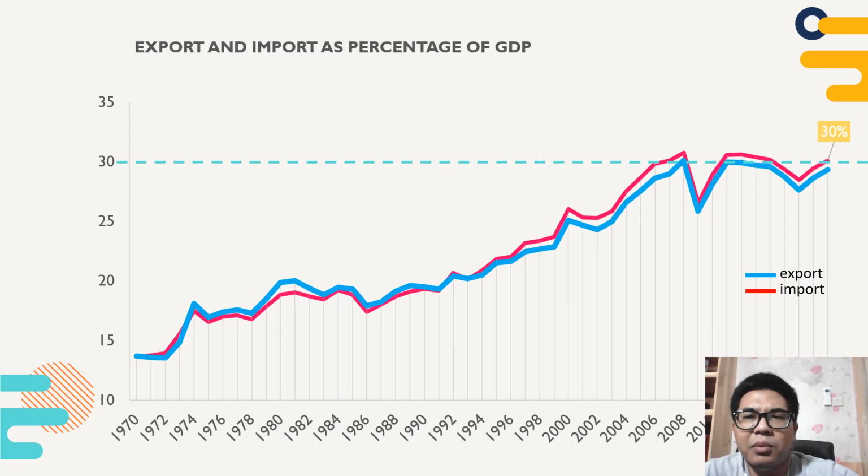Now almost every country is engaged in international trade, and it raises the question, of course, with whom the country should make international trade. In our next slide, I will show you the case of Indonesia's trading partners.